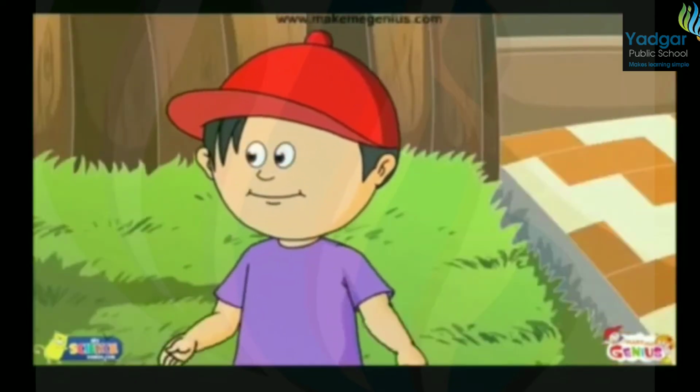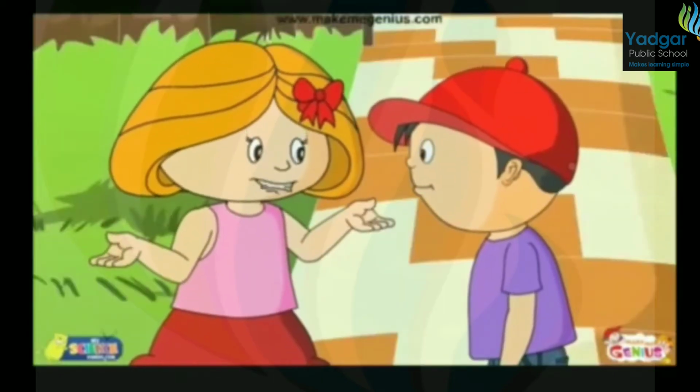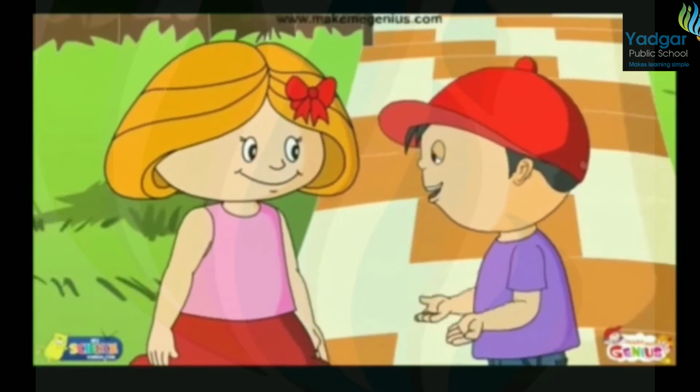What's this? This is an image of cardinal directions. You have to know the cardinal directions first. These are east, west, north, south. You know that every day the sun rises and sets. Of course.